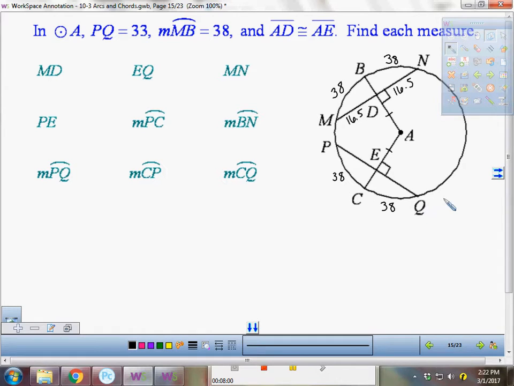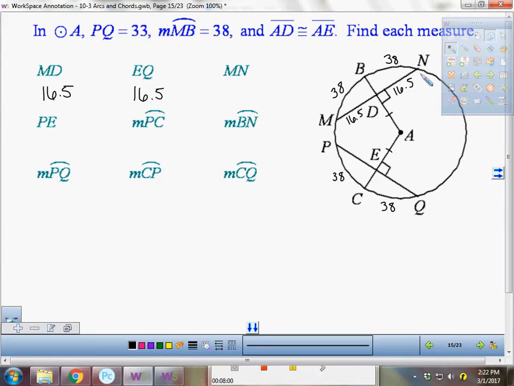So let's see if we can answer these questions given what we've already labeled. So I've got MD, so that's from here to here. Well, we've already decided that's half of the 33, so that would be 16.5. All right, EQ, so from here to here, well, I know that that is also 16.5.